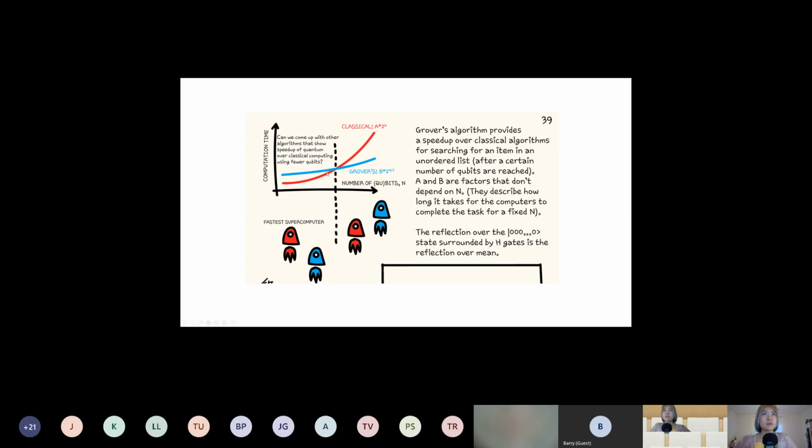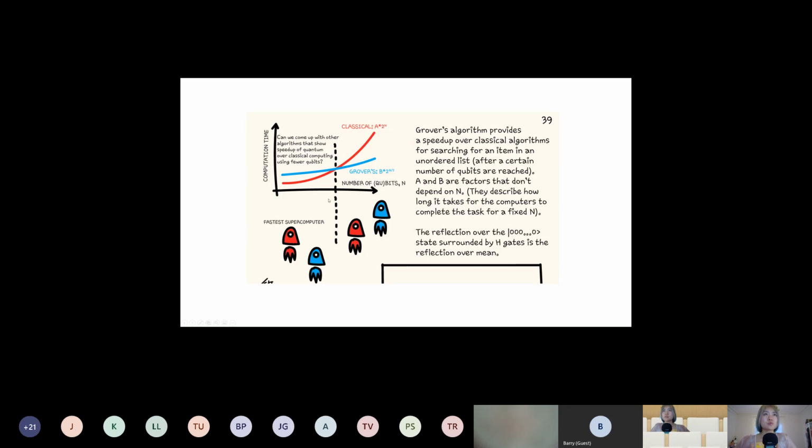At first, if you have a small number of bits, it may not be a speedup. This is something we have to keep in mind, that this algorithm would be advantageous once we reach certain qubit numbers.